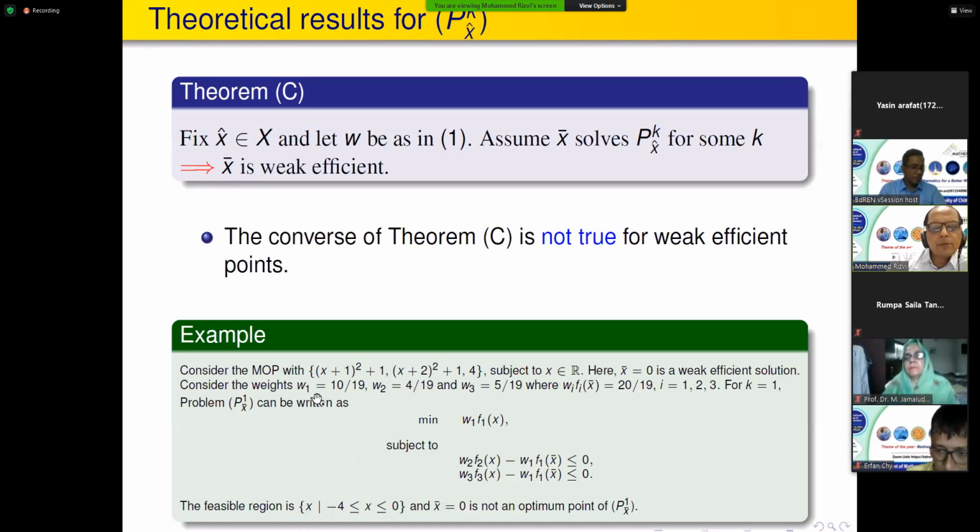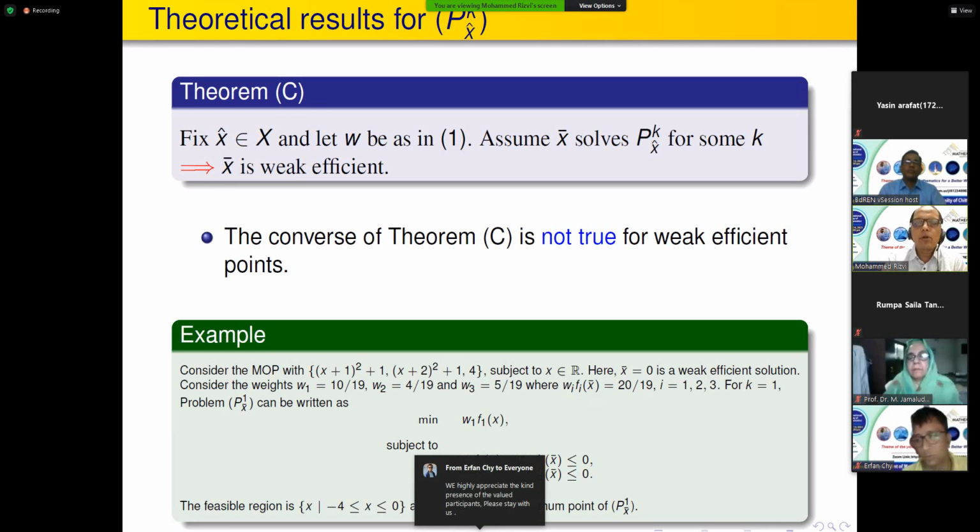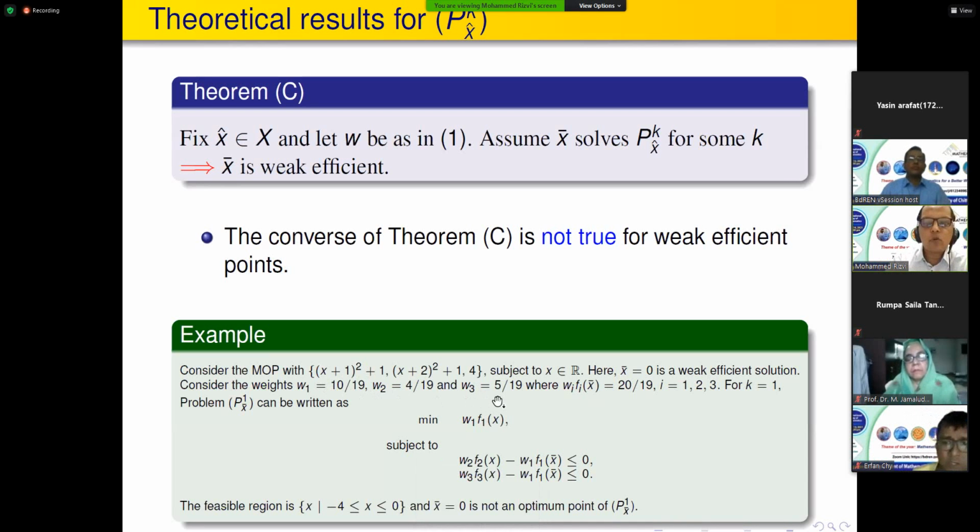Now, choose some weights w1, w2, w3. When you set a counterexample, you don't need to show that the problem holds for all of them. You just say that for this particular case it does not hold, therefore the theorem is violated. So here we choose some particular weights and create a subproblem where f1 is considered as the objective, and we force the other two objective functions into the constraints.